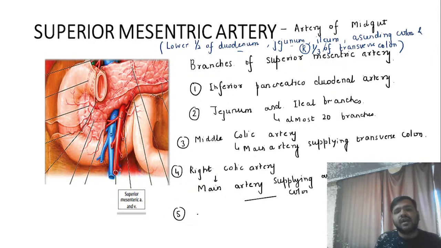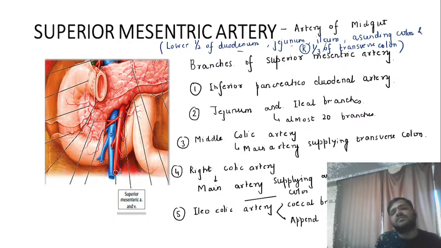And at last we have the ileocolic artery. It will give rise to cecal branches, and we have an appendicular branch also, which is supplying the appendix.